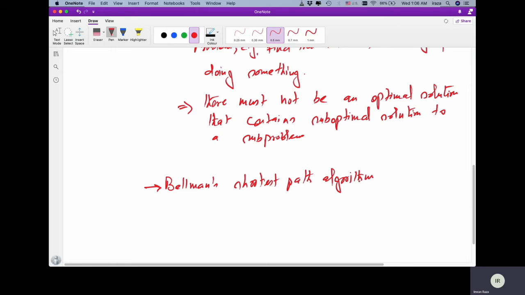Initially, it was centralized. It was not distributed, because we know the distance vector routing algorithm is distributed in nature. So initially, it was a centralized distance vector algorithm.